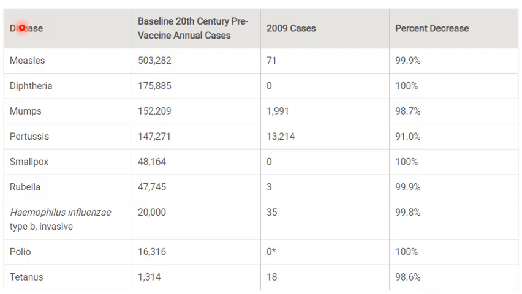Even for diseases that have not been actually eliminated, like the measles, the cases have been reduced massively because of widespread vaccination. Although we are starting to see some measles outbreaks again because people are not vaccinating. Some people are more scared of the vaccine than they are scared of the viruses that the vaccine protects against.